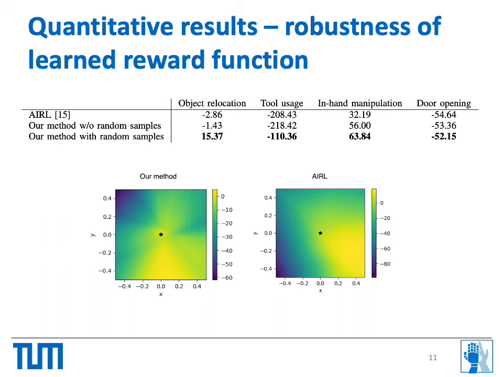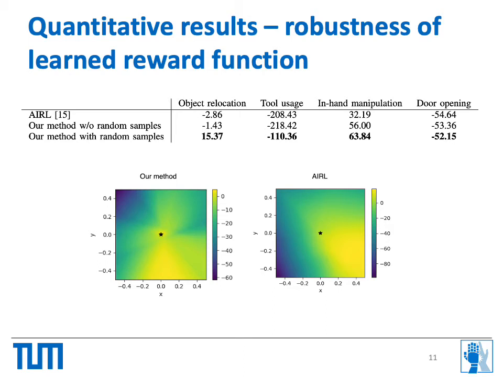To understand this behavior, we plot the reward function obtained with our method and the AIRL approach. We expect the highest reward, designated with yellow color, to be located in the goal marked with a star on the plots.